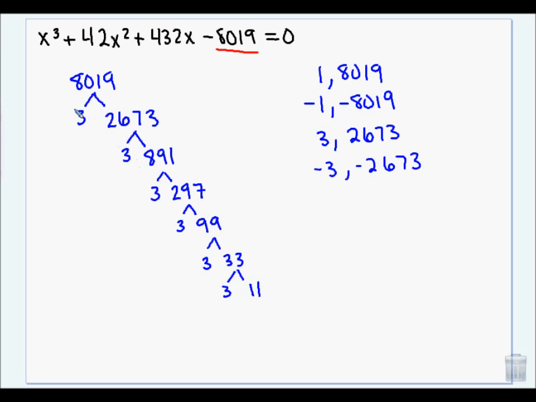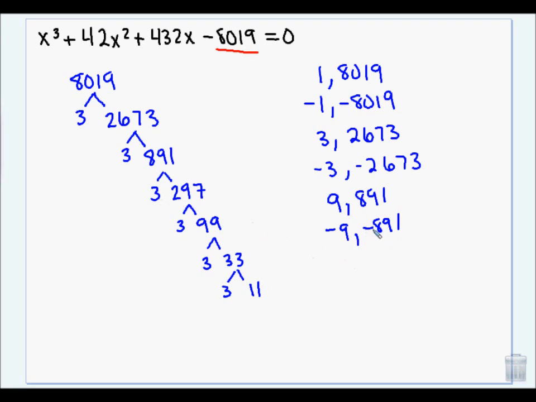Then I have 9. Do you see that? If I take these two and multiply them together times 891, does that make sense? So I have 9 times 891 and -9 and -891.